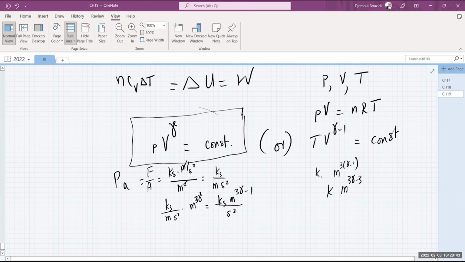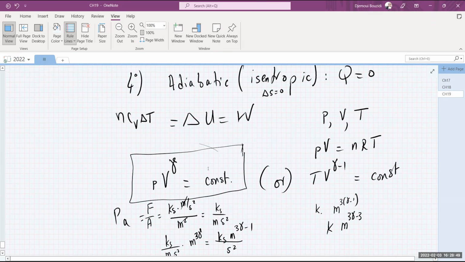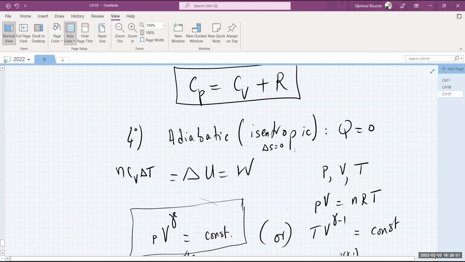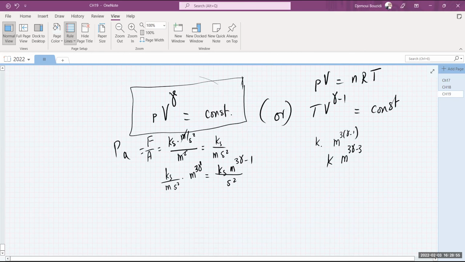Okay. There is an alternative way of deriving this PV to the power gamma, and it's a little longer than what we did last time. Last time we took this expression right away, and we took it in this form, in the infinitesimal form. Okay, that is actually what the work is, and this is what the energy is, because there is no heat in this case.